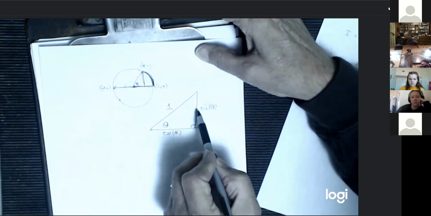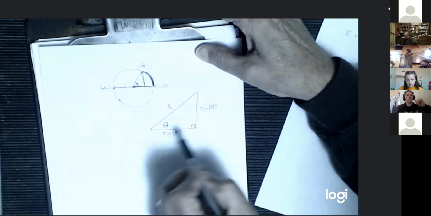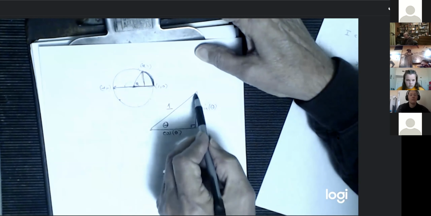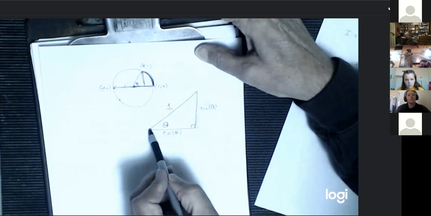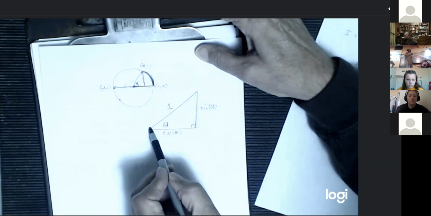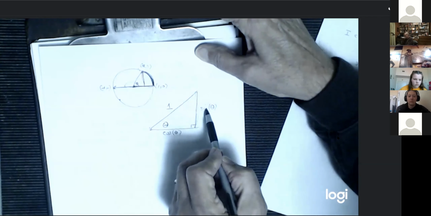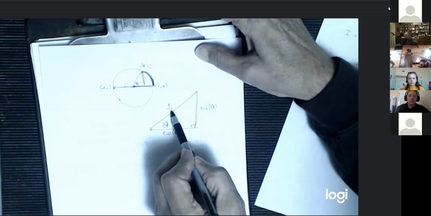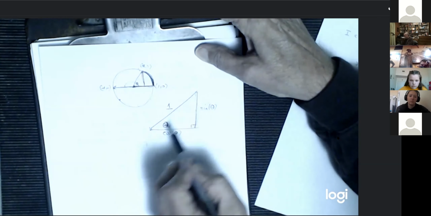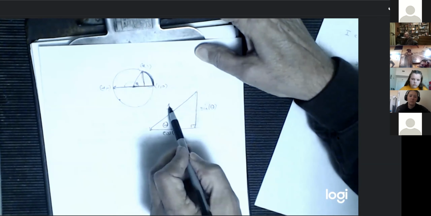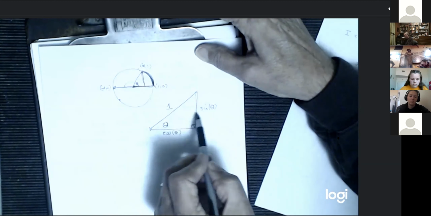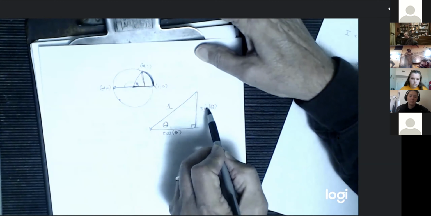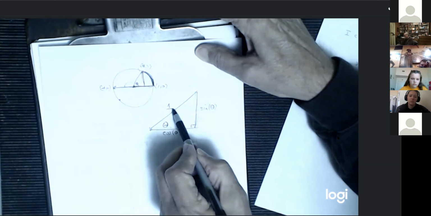We call it the opposite, the side that's opposite the angle, over the hypotenuse. Make a fraction. It's the sine. When the length is 1, the sine is the vertical over the horizontal, but that's just over 1. And so the sine of the angle is the opposite over the hypotenuse in this case.